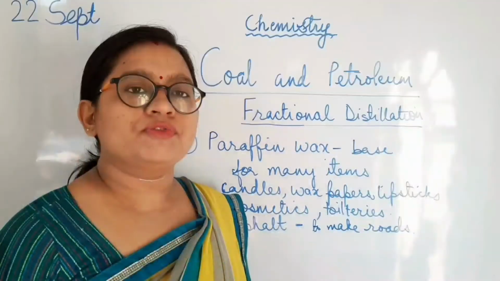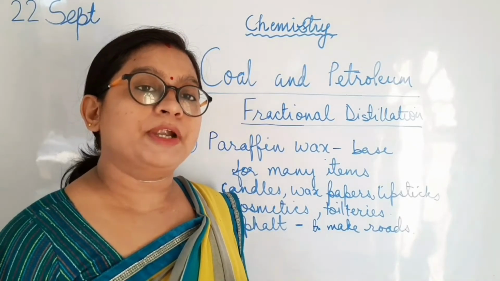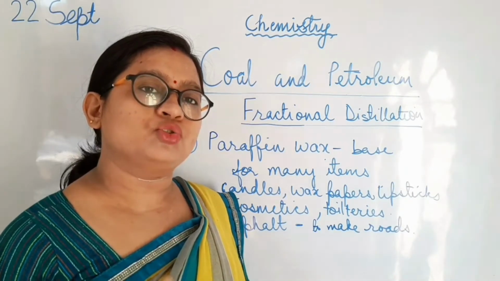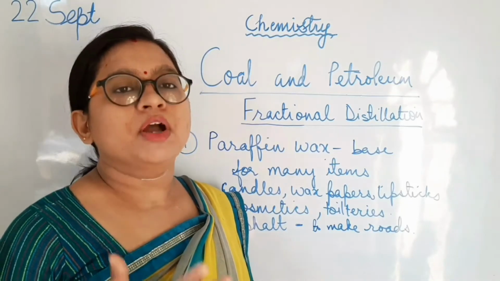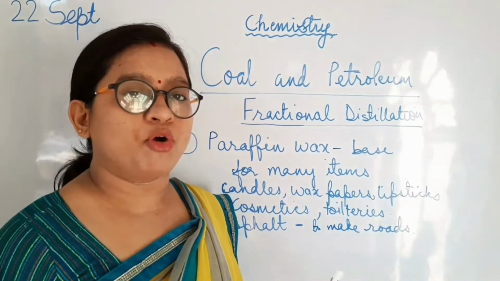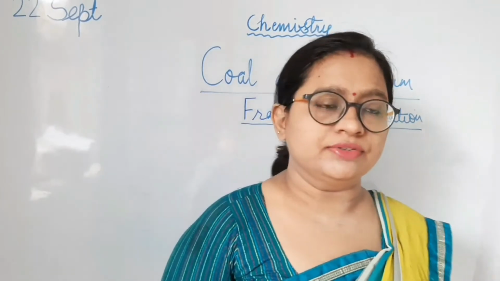Now the next product, which is almost the last product of the fractional distillation of petroleum, is the petrochemicals. As we have already discussed, the petrochemicals are those chemicals which are made from the products of petroleum or the crude oil.